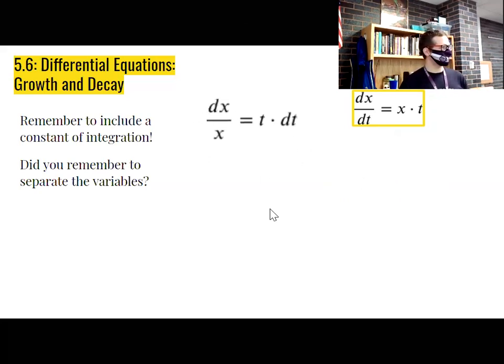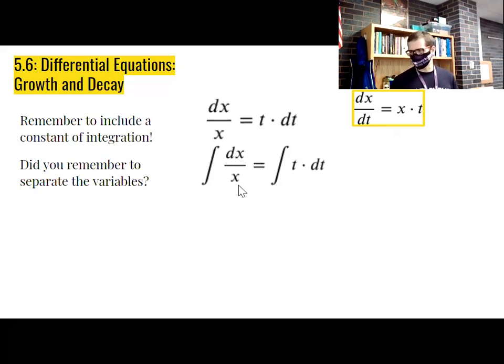And now that I have that set up, I can take the integral of both sides. Again, what's a little different about the way this is set up here is the dx divided by x. That's the exact same thing as 1 over x times dx. It's just a different way to write it.